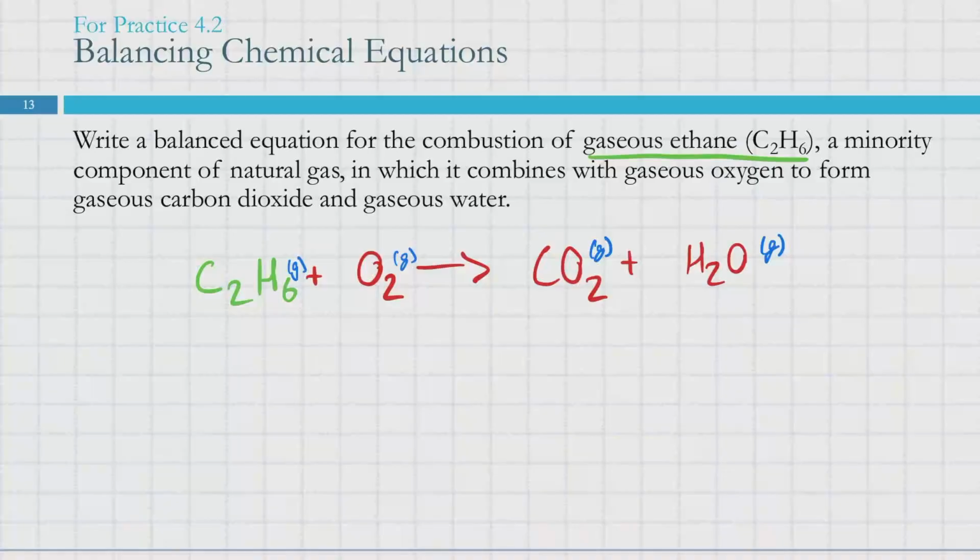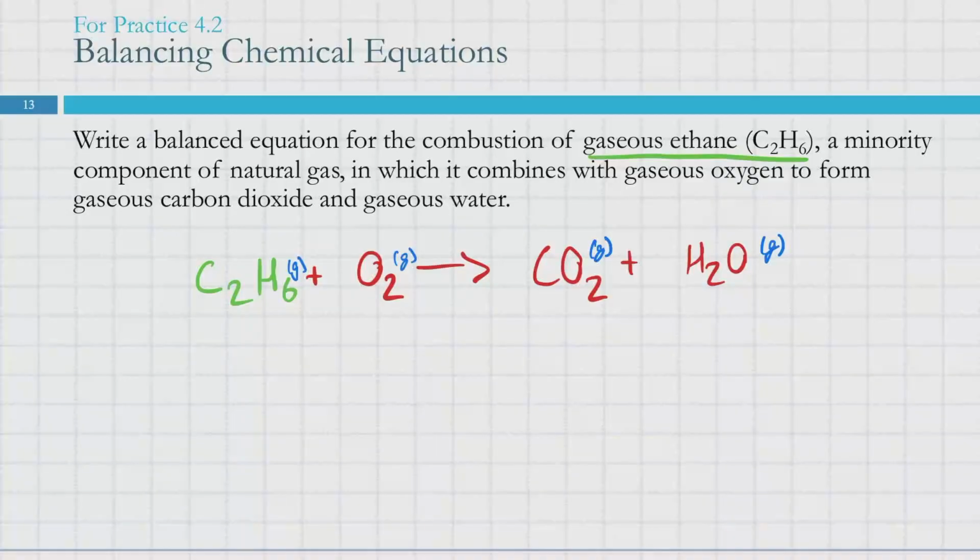Second step, we need to balance things that occur in compounds. That's going to be our carbon and our hydrogen. The right side is only compounds. The left side, we've got our compound of ethane, and we've got molecular oxygen, O2. So oxygen is by itself on the left side. We're going to save that for last because we can change the coefficient in front of that. It's not going to affect any of the other elements, so that makes it a safe last choice.